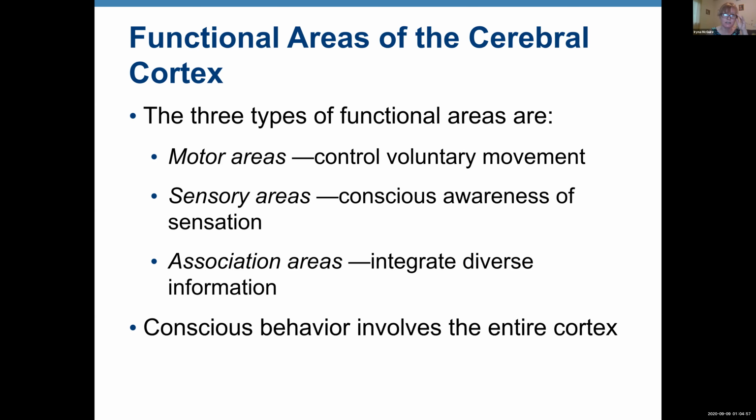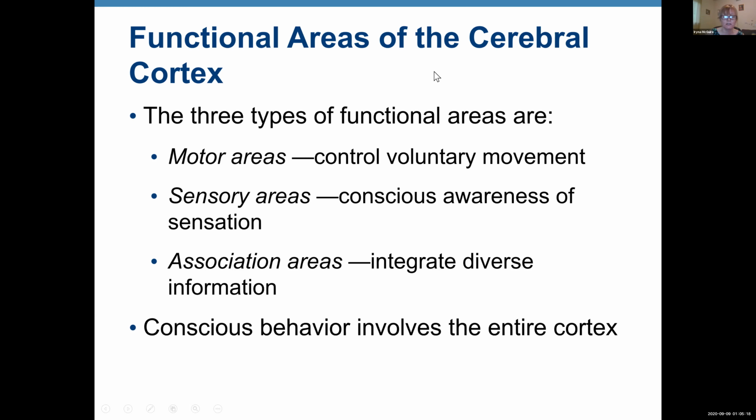Gray matter is mostly made of cell bodies of neurons and dendrites. Also, the cerebral cortex has folds, and please read about it in your lab lecture.